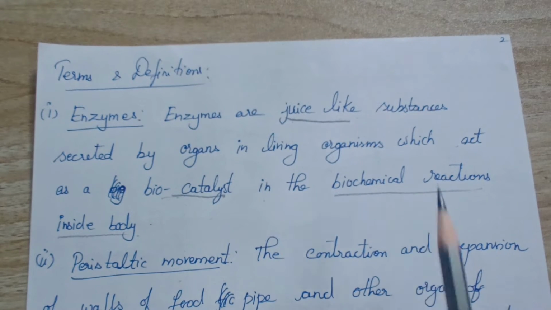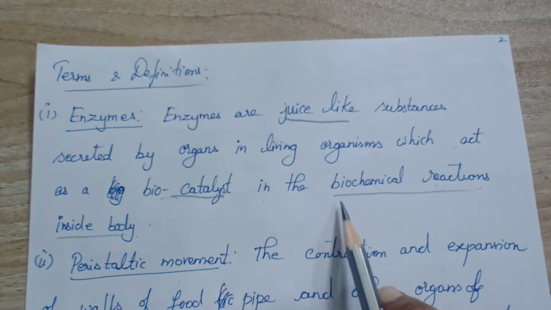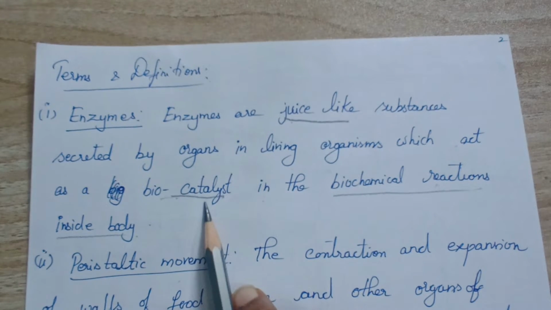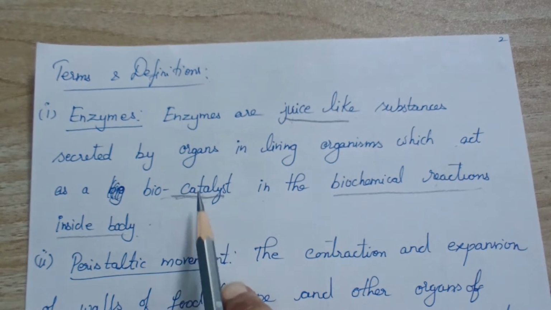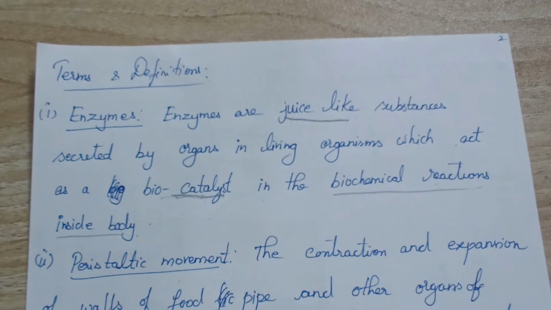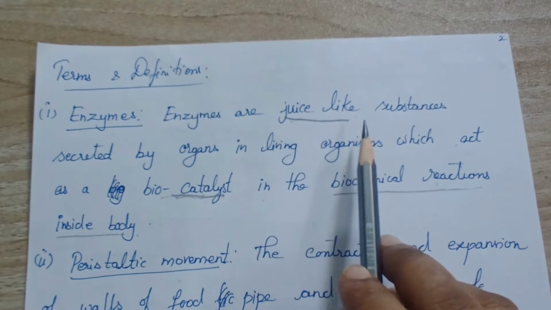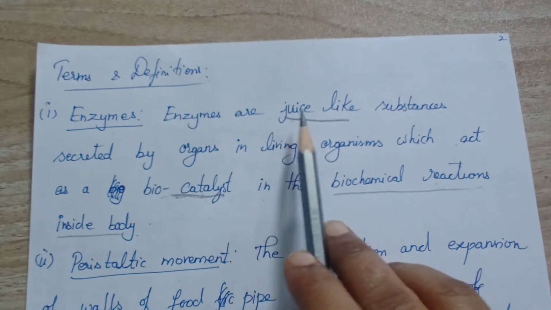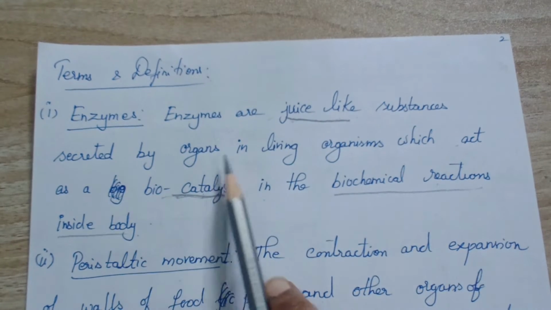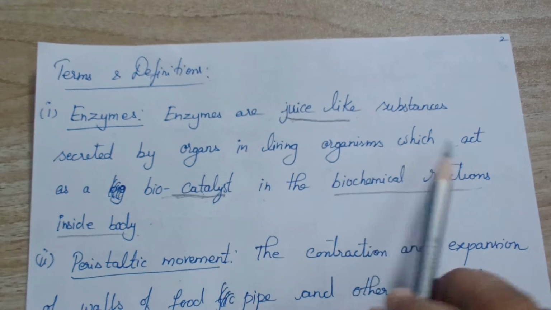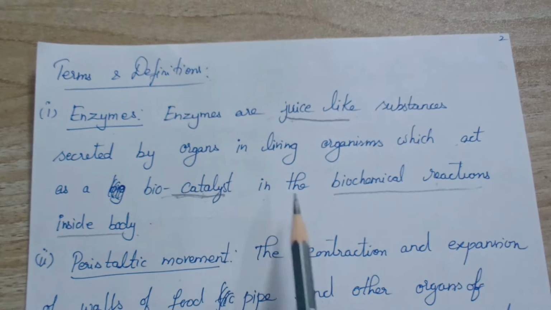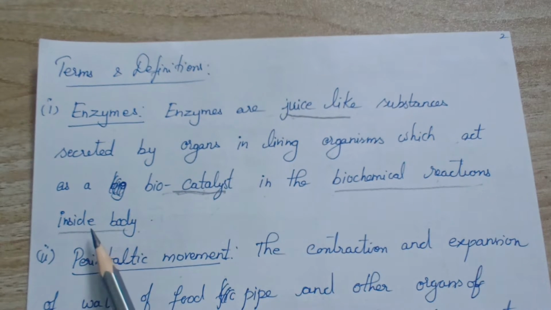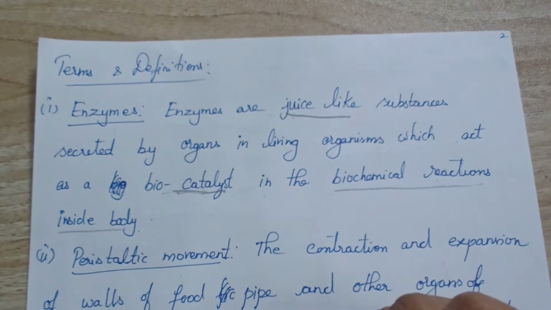Biochemical reaction means the reaction taking place inside the cell. That catalyst, the biocatalyst, is called your enzyme. That is nothing but a juice-like substance. Enzymes are juice-like substances secreted by organs in the living organism, which act as a biocatalyst in the biochemical reaction inside the body.